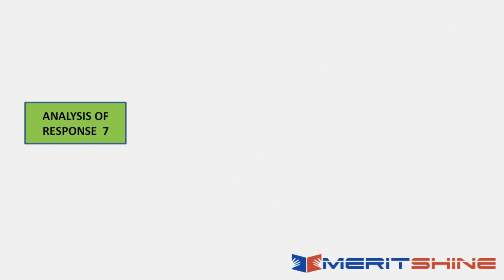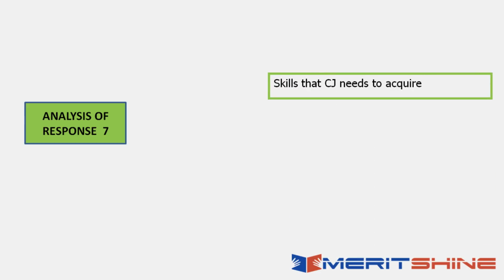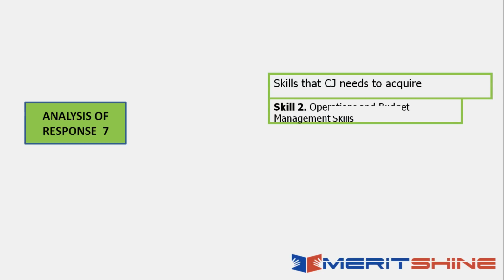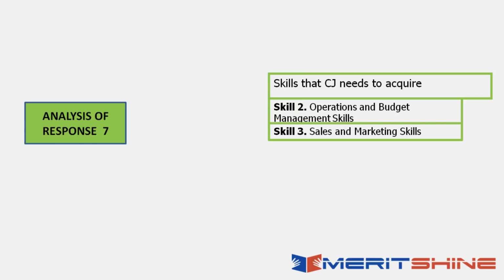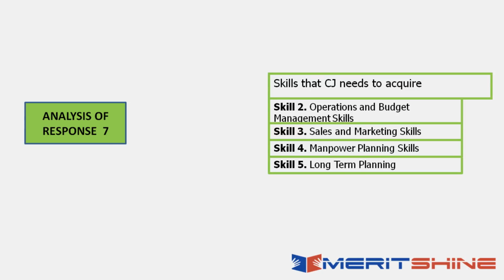Now let's move on to the analysis of response 7. Skills that CJ needs to acquire: skill 2, operation and budget management skills; skill 3, sales and marketing skills; skill 4, manpower planning skills, right? And skill 5, long term planning skills.